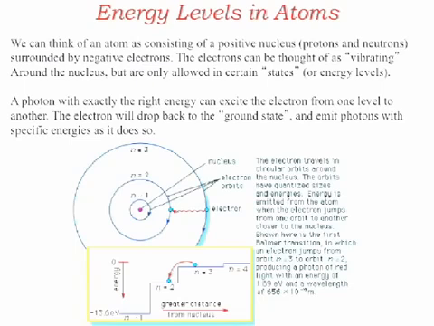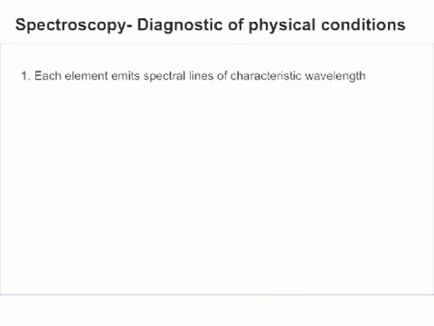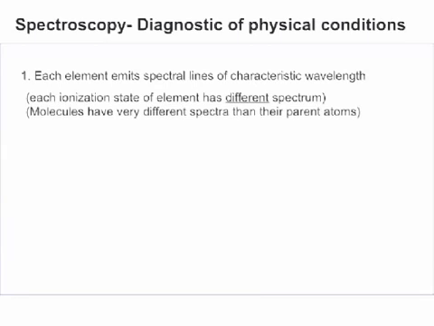So spectroscopy is an incredible diagnostic. We make use of each element, and molecules are different from their parent atoms, as you know. The width of the spectral feature is a result of the Doppler shift. Gas that is hotter will be seen in emission.